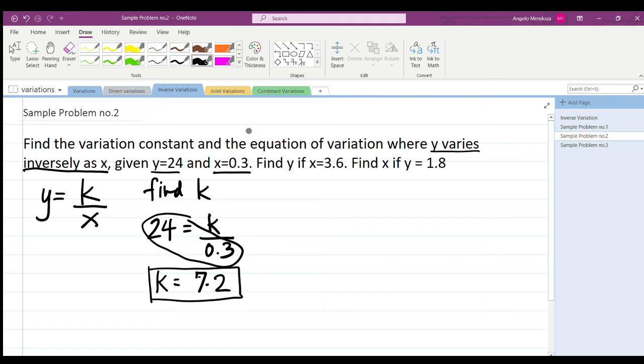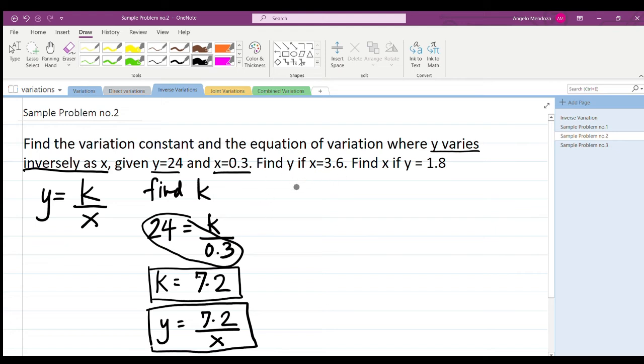Then to write the equation of variation, you just rewrite the equation: y equals 7.2 over x. This will be our equation of variation. Then we can now answer these two problems.